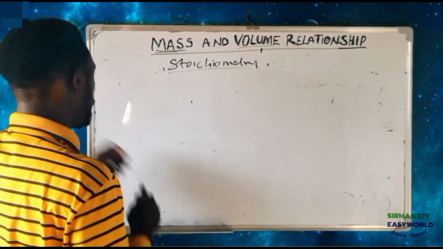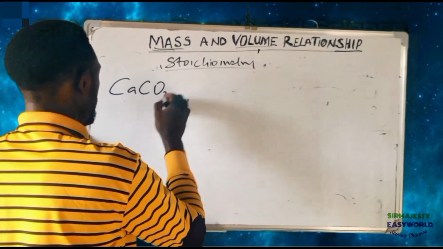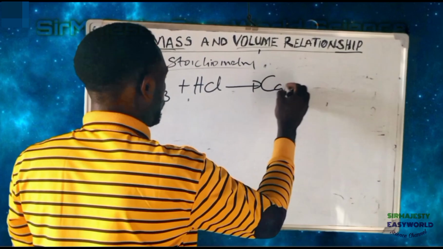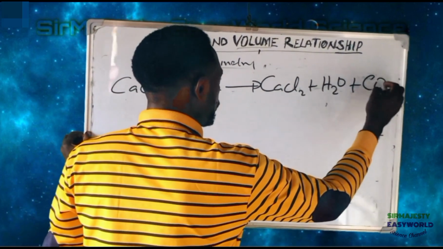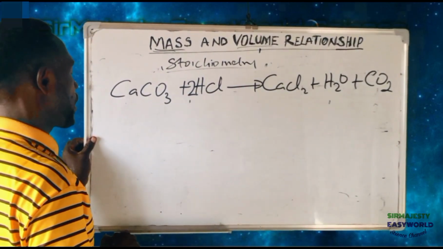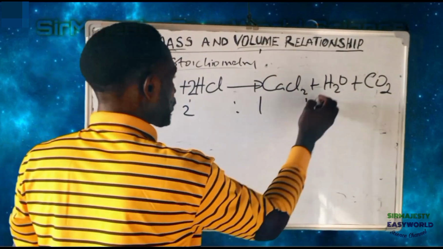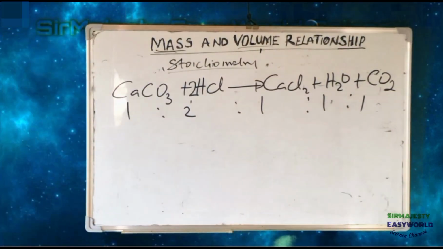Find the related species. So we have calcium carbonate plus HCl to give you calcium chloride plus water plus CO2. If I put 2 here, the equation is automatically balanced. So the mole ratio is 1:2, 1:1. And now the given, look at that again.